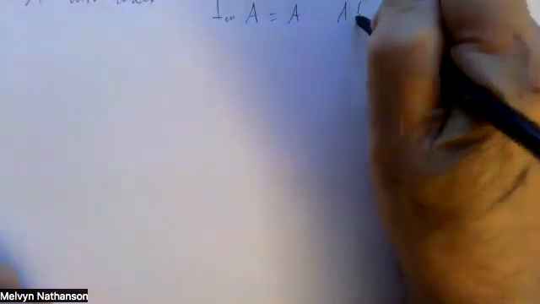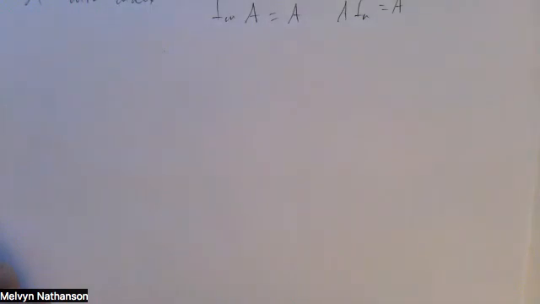So this is the 4x4 identity matrix. And if A is any m by n matrix, the identity times A is A, and A times the identity is A. So there's an identity matrix that has that property.